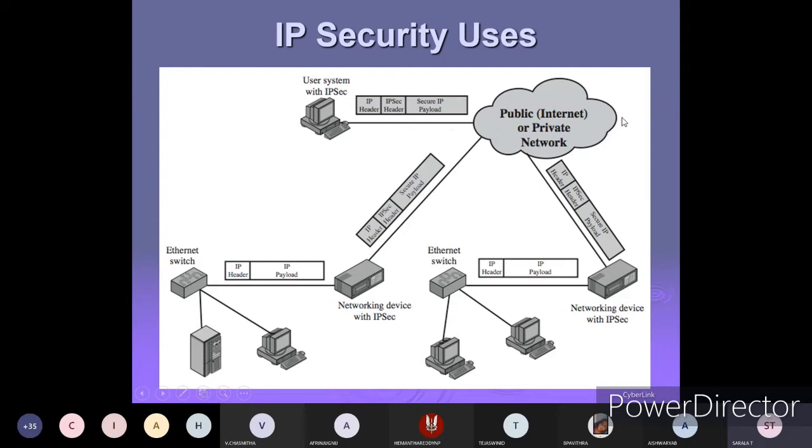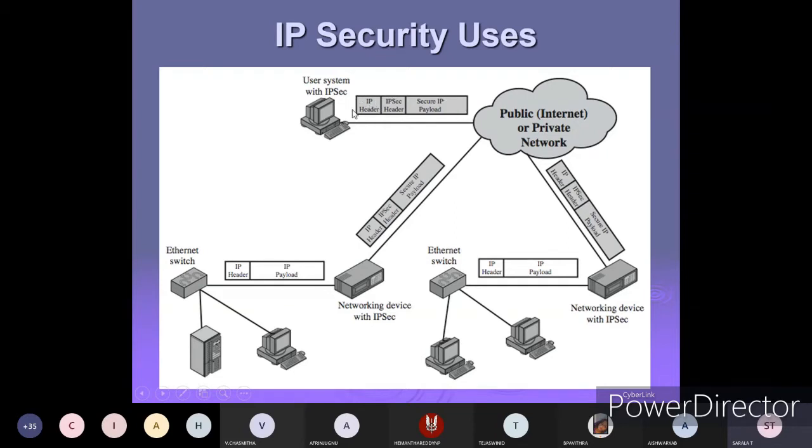If I am connected with the internet and transmit data from my user system towards other systems, you will transmit the data in this format. First the payload is there with IP security, the IP security header is added with the payload, and the IP header will be there.